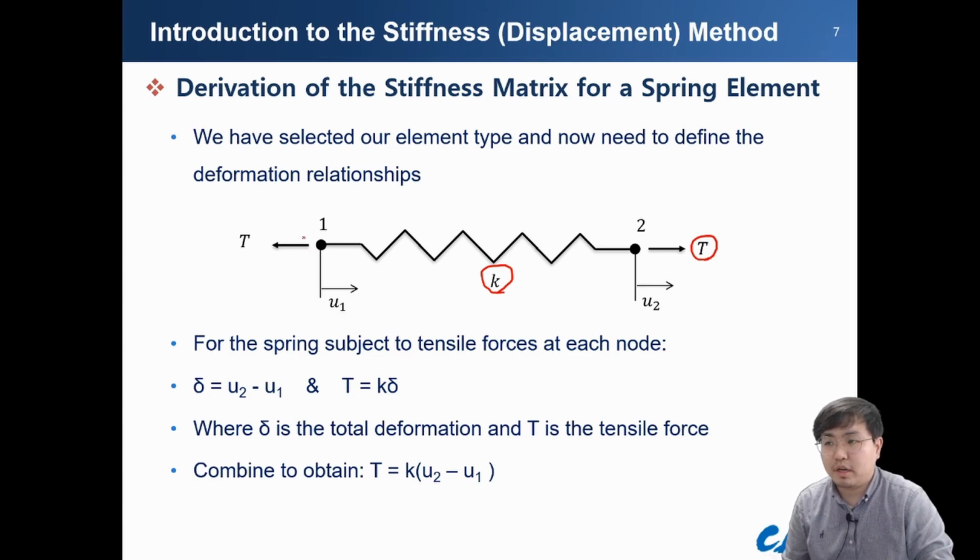However, we neglect those kinds of boundary conditions, so due to the resultant force, the opposite force is also automatically generated. From the spring relationship, we can easily say that the external force equals the spring constant multiplied by delta, the total elongation.